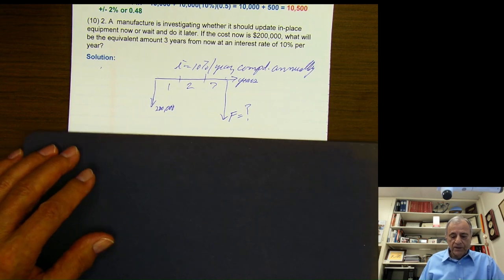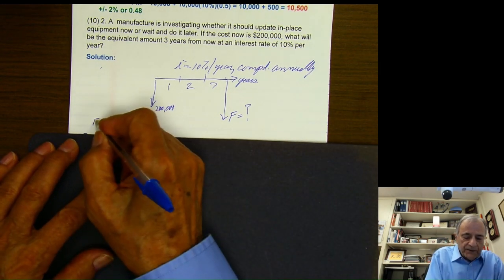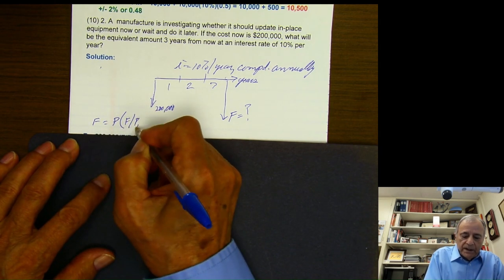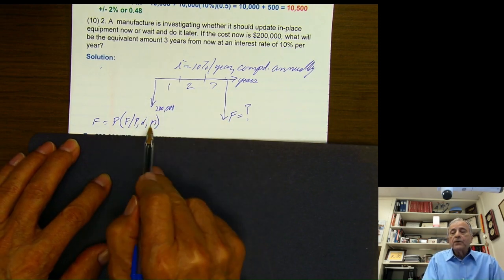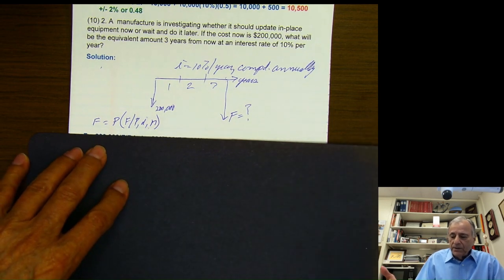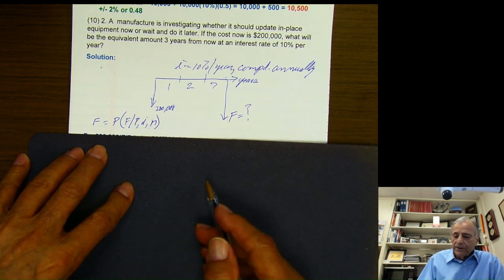So now we just want the future value of a present sum, which is F given P. Find F given P at rate I for period N. This is the generic symbolic formula. I seldom use the algebraic formulas because I'm going to use the Engineering Economics Career app, and I don't need the formula to use that.